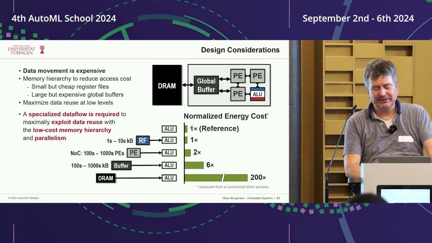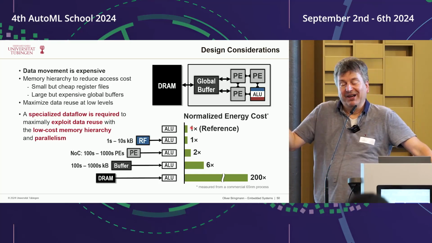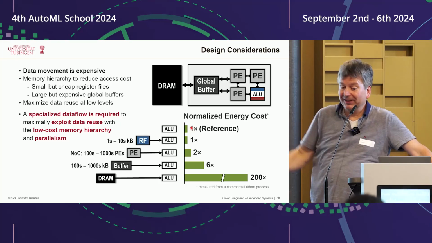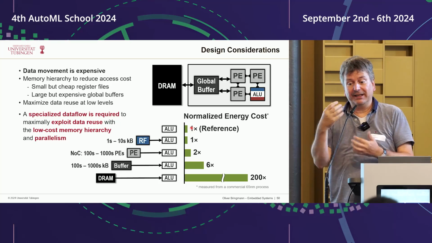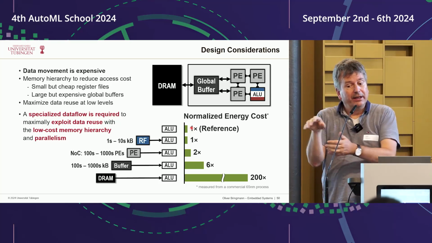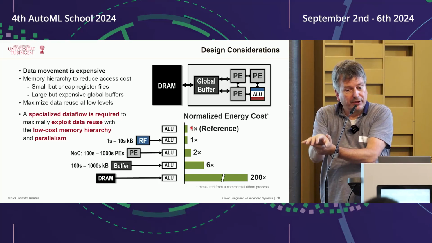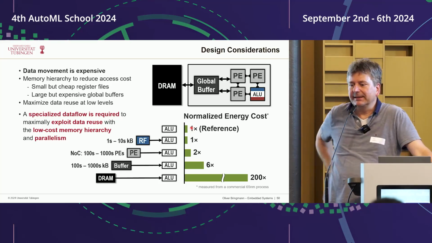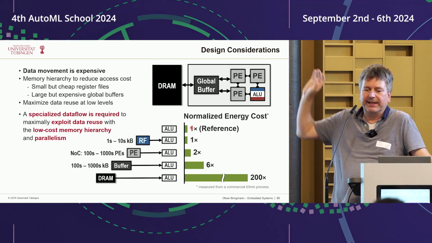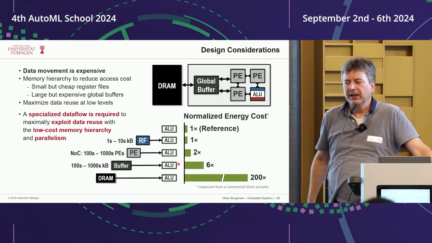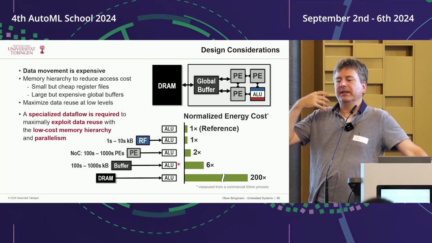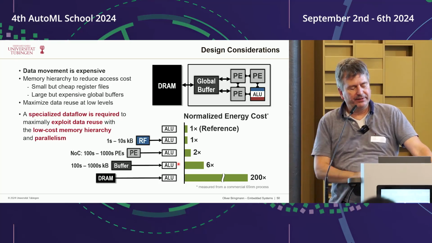That's a starting point, because I need to do the computation, but where to get the data I can influence. I can just apply local data access, or I have to access the data from the outside memory. And that's shown here, how this is related with respect to the energy costs.